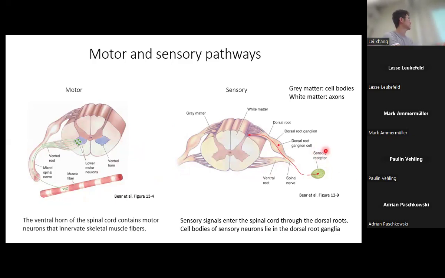If you have a sensory receptor on your hand, it receives sensory information and sends it back through the dorsal root ganglion to the spinal cord, terminating on the dorsal part, which is the back. The cell bodies of these sensory neurons are located outside of the spinal cord, in the dorsal root ganglion. So this is basically the structure of the input-output pathways in the spinal cord.